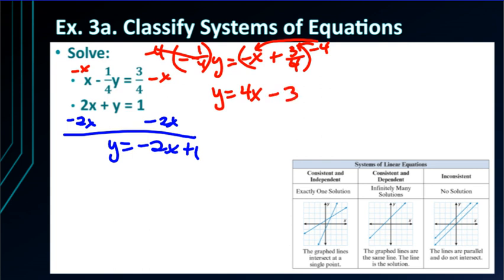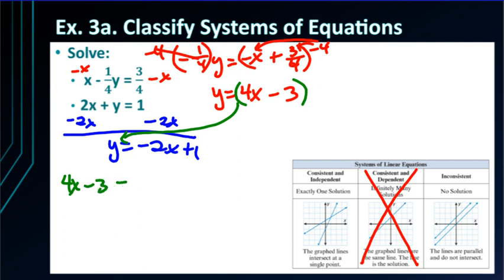So since the equations are not the same, I know it cannot be consistent and dependent. So it's not that one. So now let's go to the next step. Since they both equal y, let's just substitute this in for that y. So I have 4x minus 3 equaling a negative 2x plus 1.